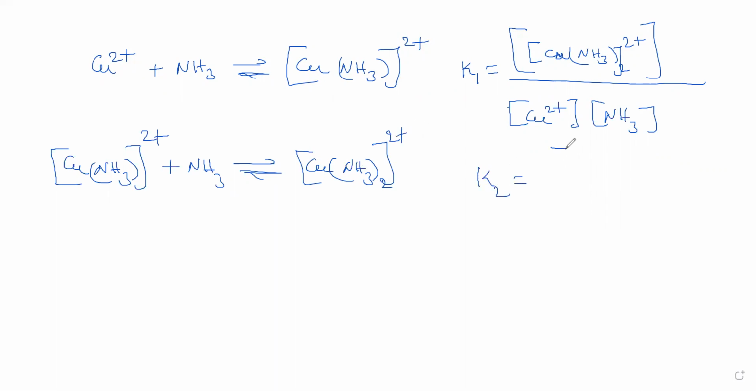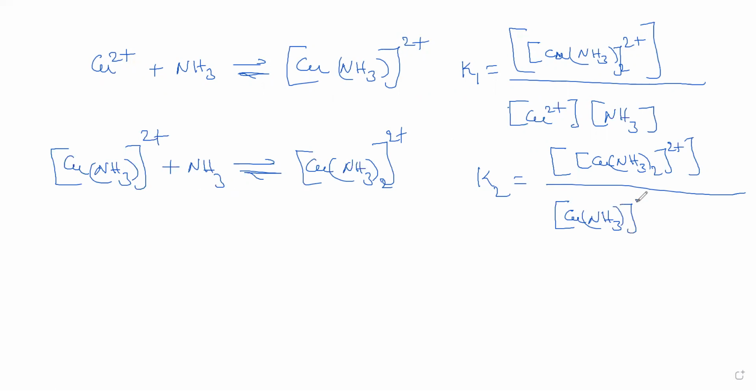K2 is the concentration of Cu(NH3)2 2+ whole divided by Cu(NH3)2+ times NH3. Here it's twice, here it is only once. Please see that there is a variation between that, and you have NH3.